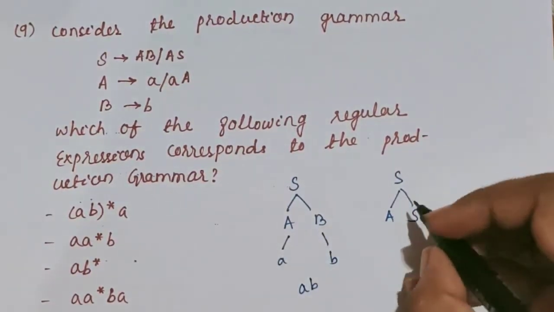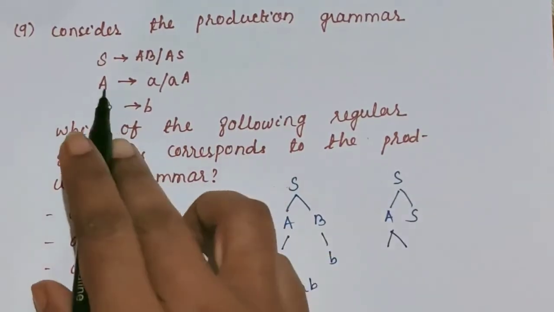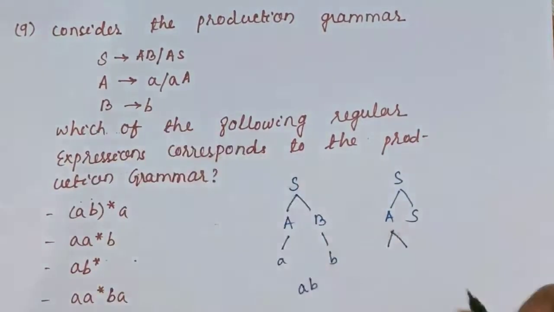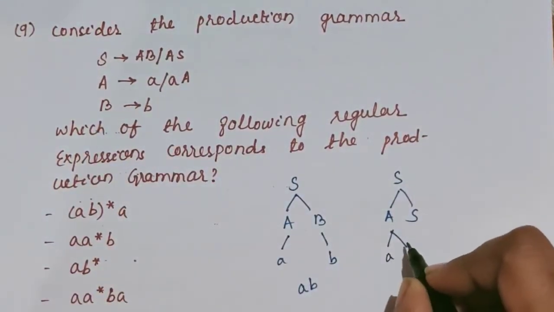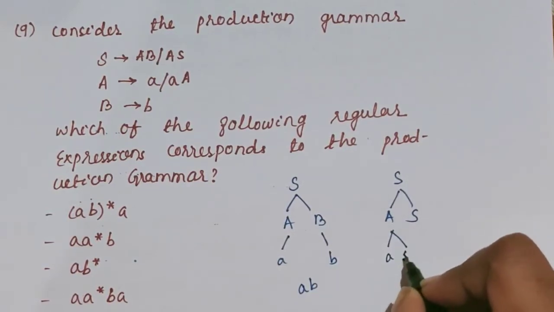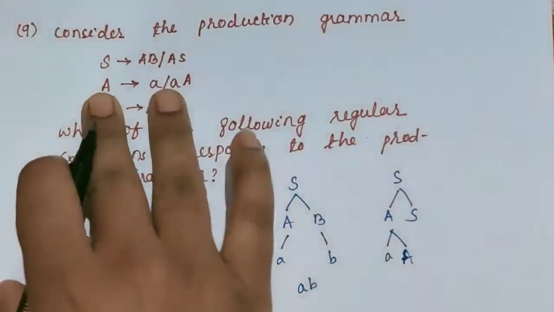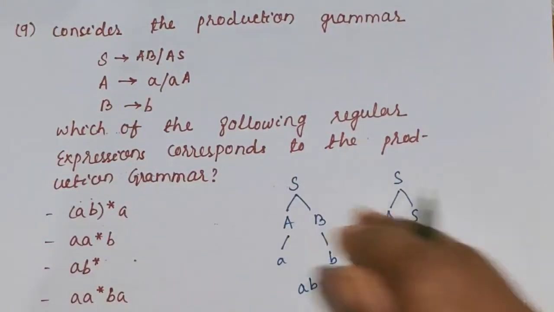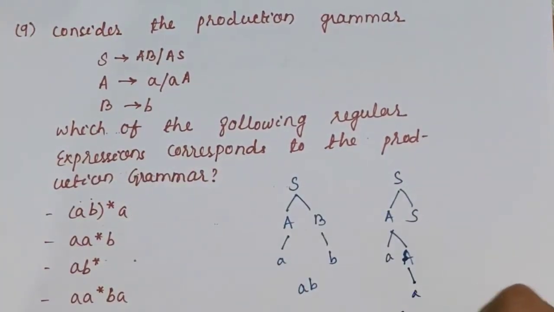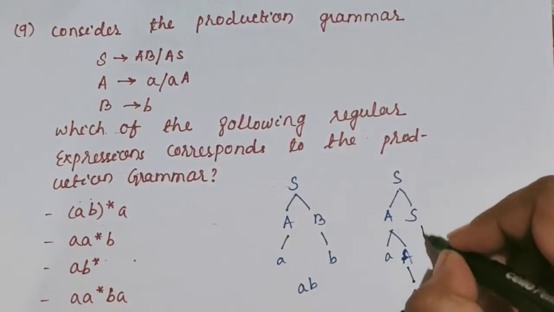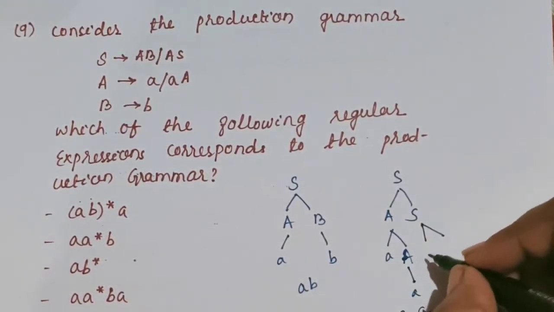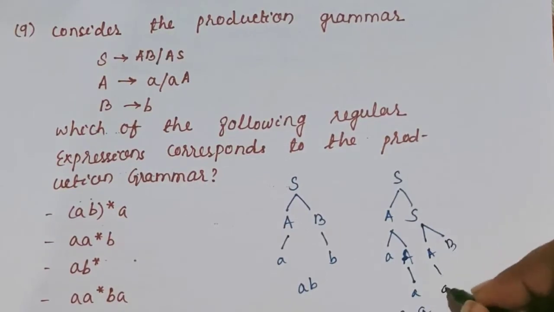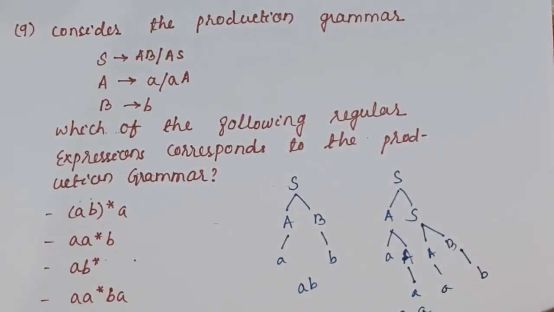And again if I take A providing AS and a, from S we can get a and capital A, then again from A we get a, and from S we get AB, so A gives a and B gives b.